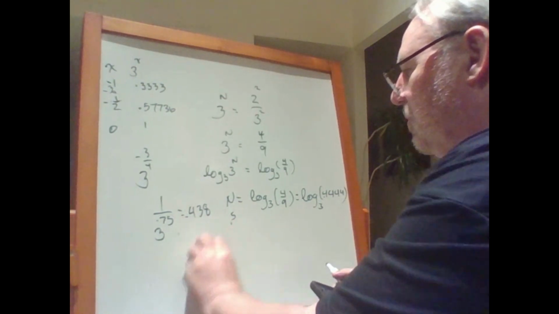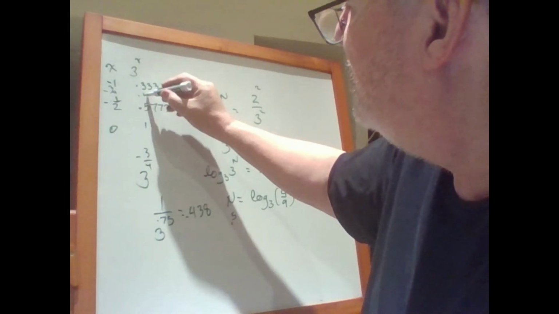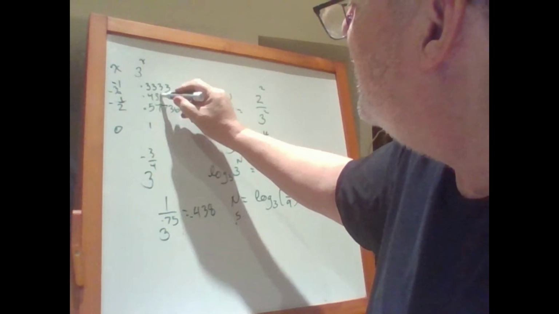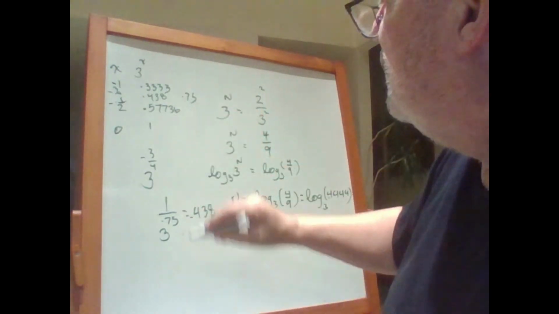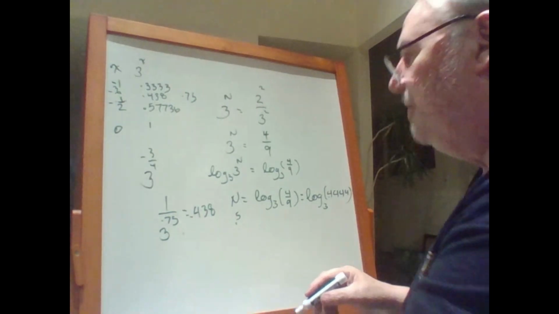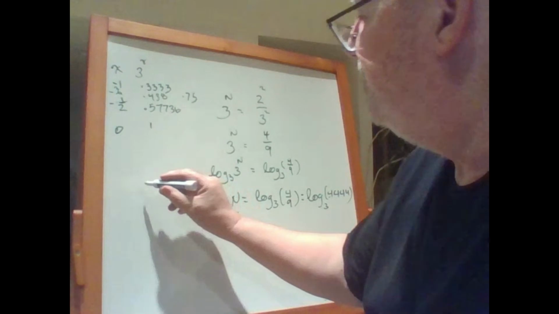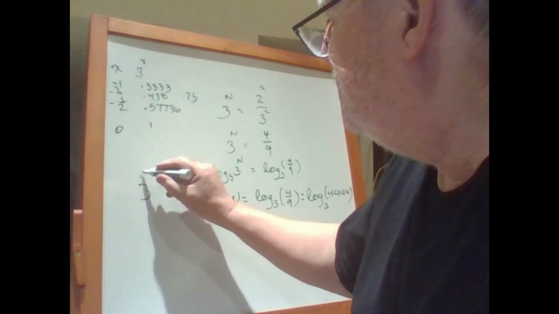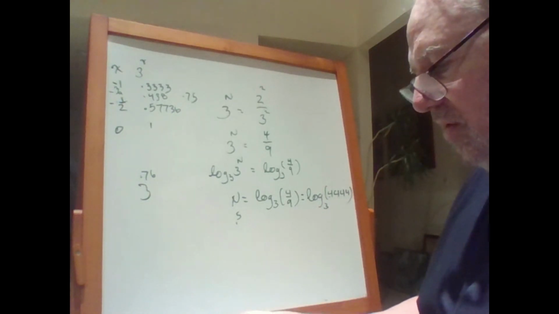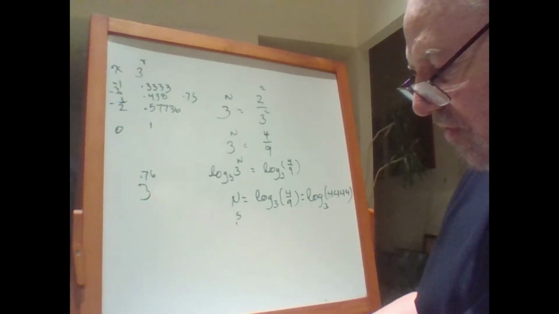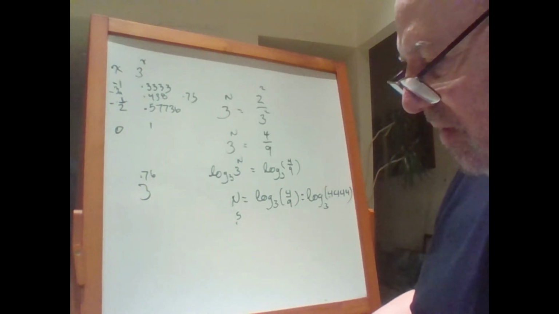It's not quite 0.75, so that's 0.438. So it's got to be bigger than 0.75. So let's try 0.76. 3 to the 0.76. Let's give that a shot. And we take the invert.